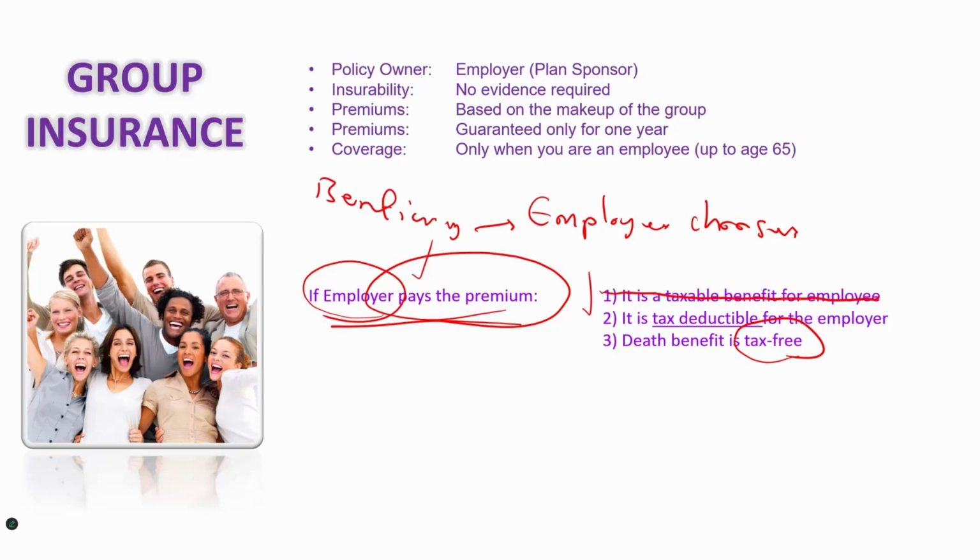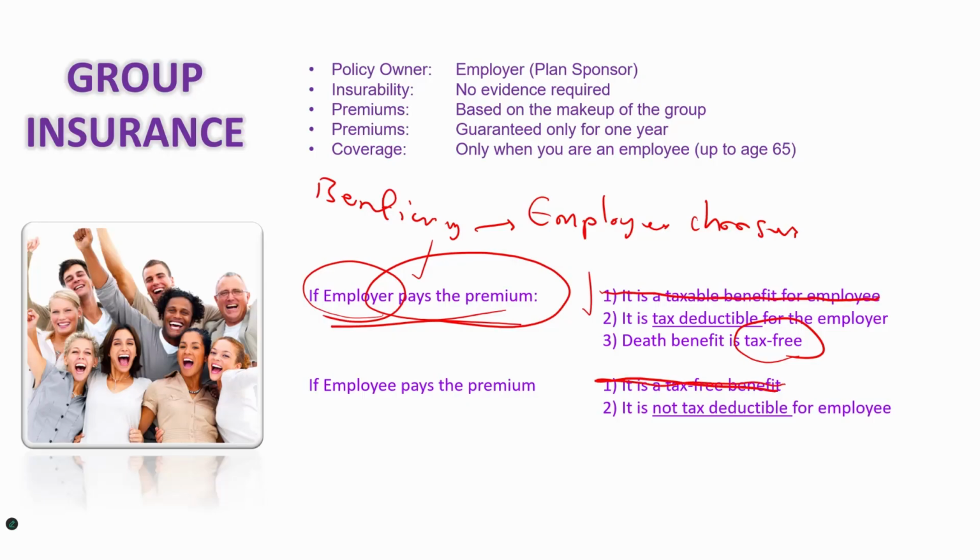But if the employee is paying the premium, again, let's disregard this first part, which is about group benefits, it is not tax deductible for the employee, and employer as well, right? Why? Because the employer didn't pay for it, so there's nothing to deduct, and employees are not businesses, so they can't deduct any expense.